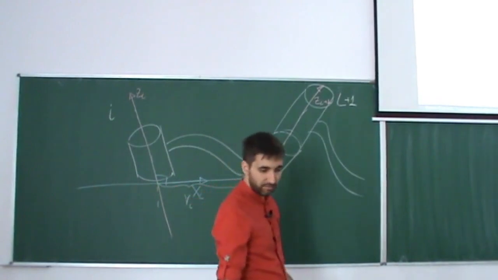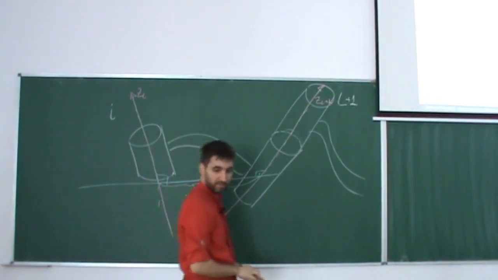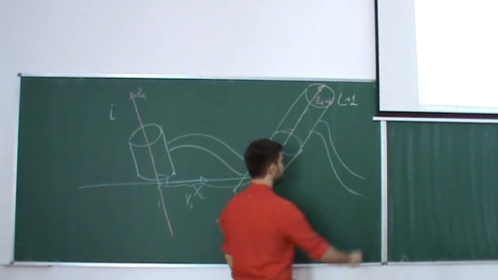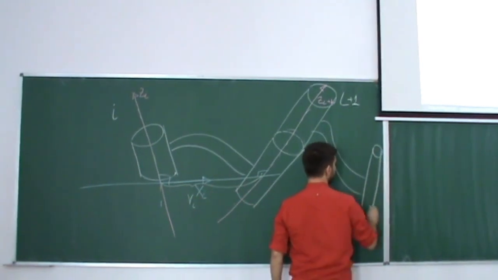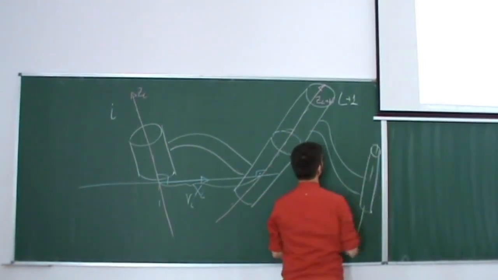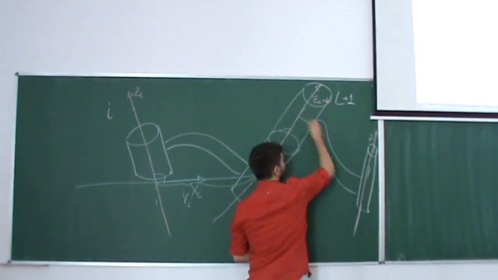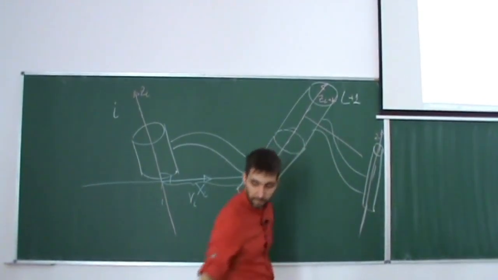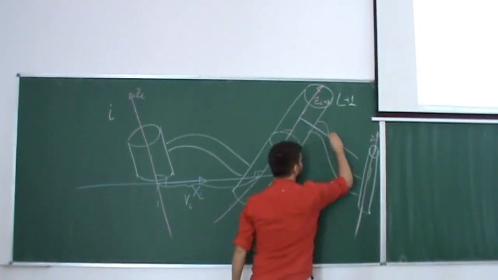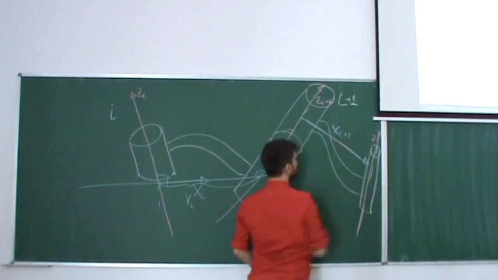Next parameter. I need to draw another axis. Let's say here I have another axis, and this gives me zi plus 2. So I have xi plus 1.